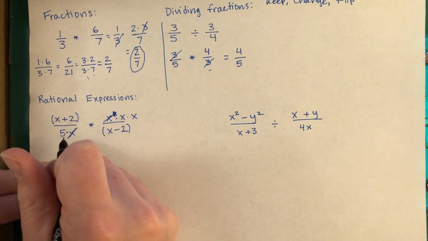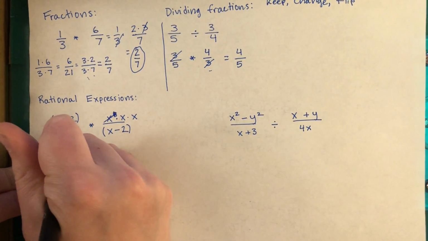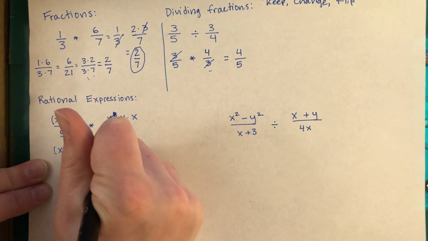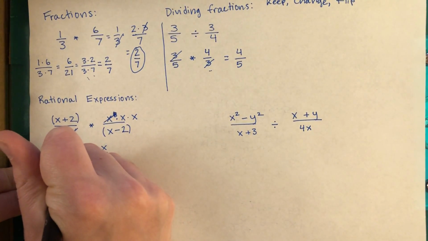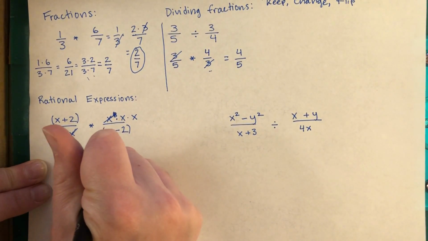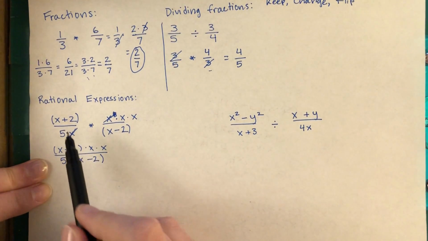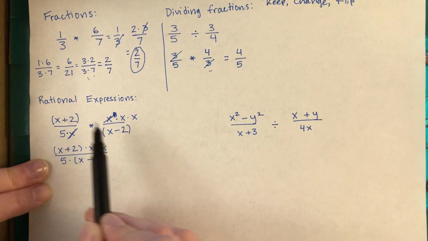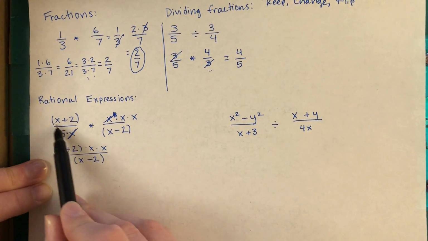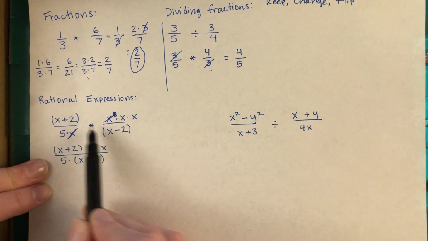And then what I have left over is x plus 2 times x over 5 times x minus 2. If I hadn't contained these factors, I might be tempted to try to either cancel the x's here or the 2's, but these are not an exact match, so I'm just going to keep them both.